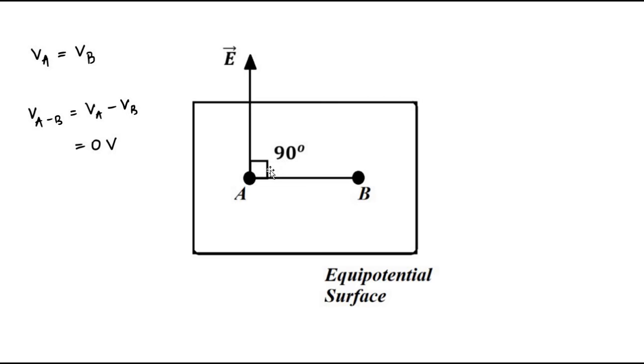This is just a 2-dimensional representation, but actually it is normal, perpendicular. So why is this? We have already discussed, in the potential difference video, potential difference as line integration of an electrostatic field.